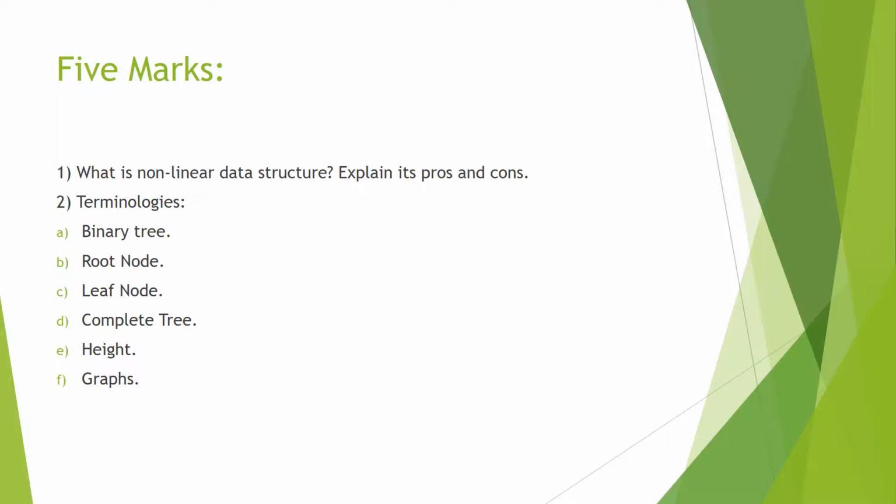Under terminologies, we have different definitions: A, binary tree; B, root node; C, leaf node; D, complete tree; E, height; F, graphs. These are the different terminologies under the second question.